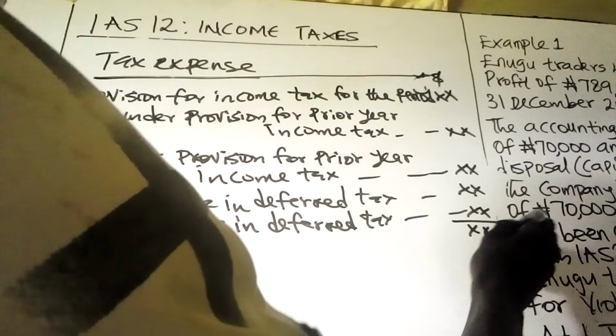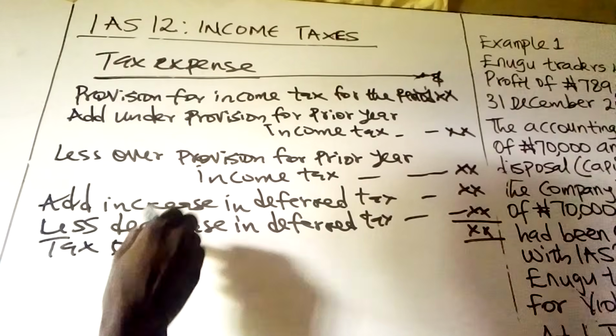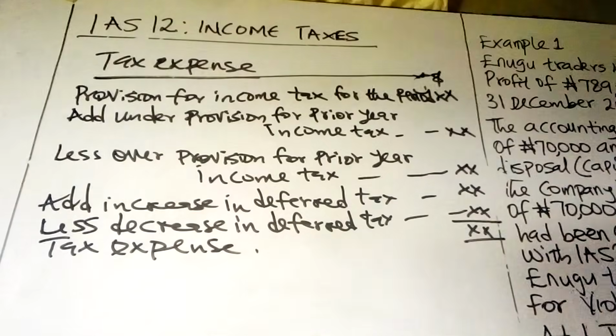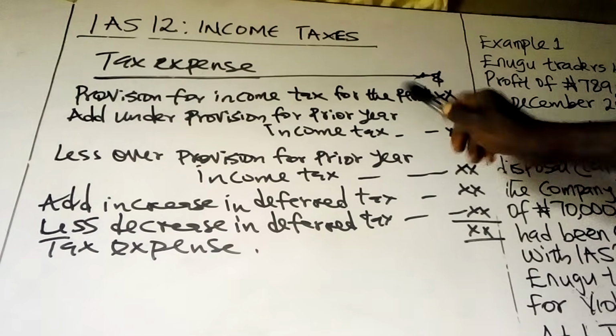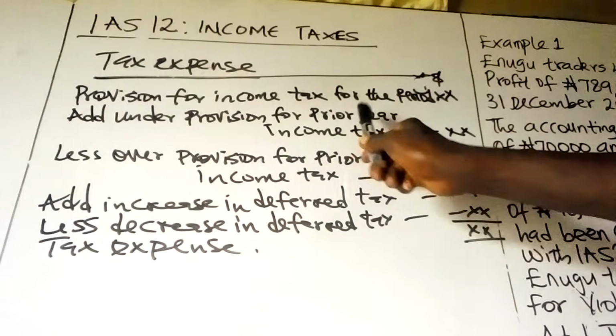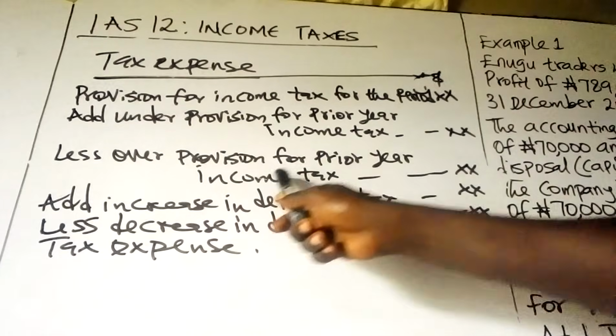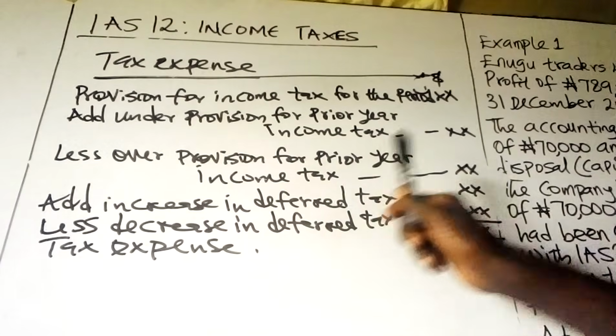After this adjustment, you get the amount of tax that will be expensed in the statement of profit or loss. Provision for income tax for the year, you add under provision for prior year income tax. Then you less over provision for prior year income tax.